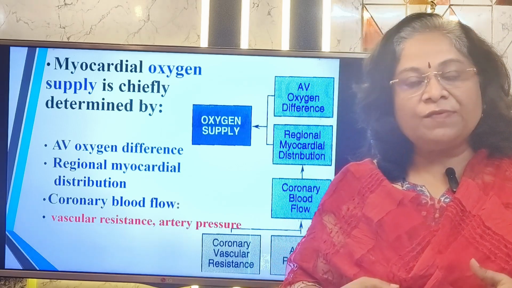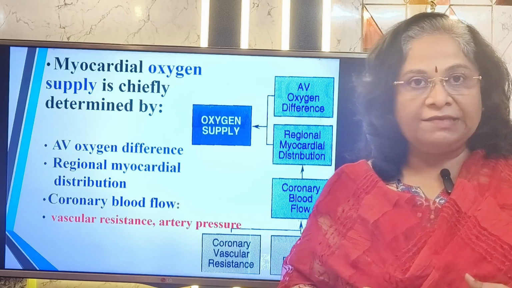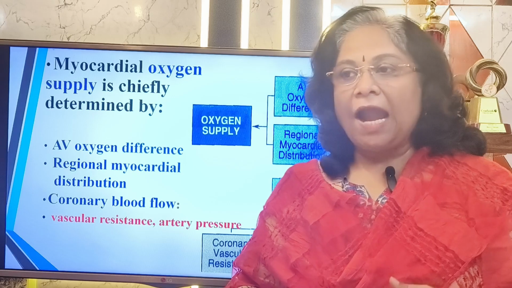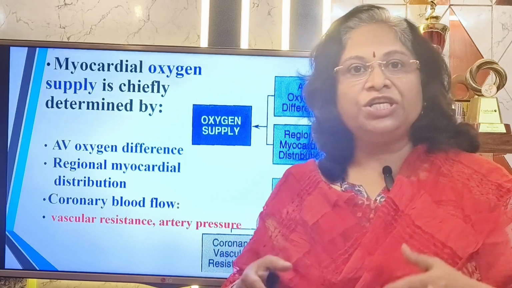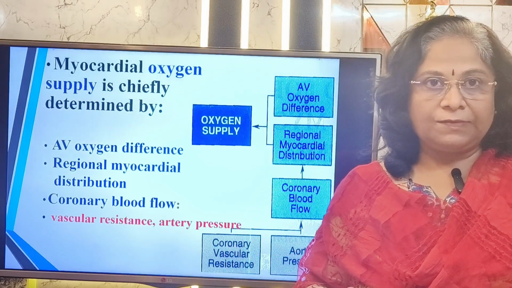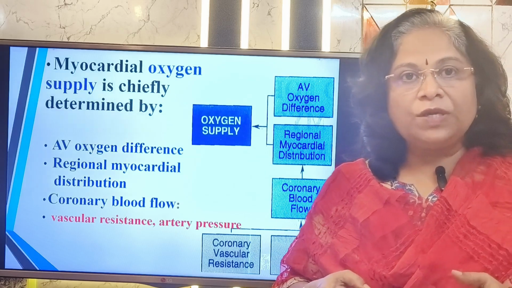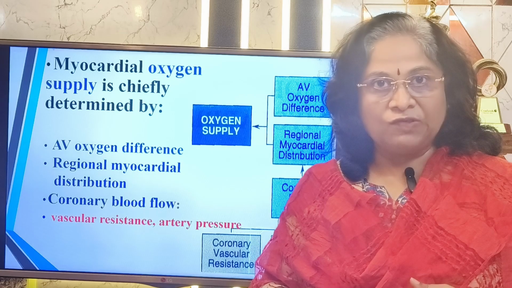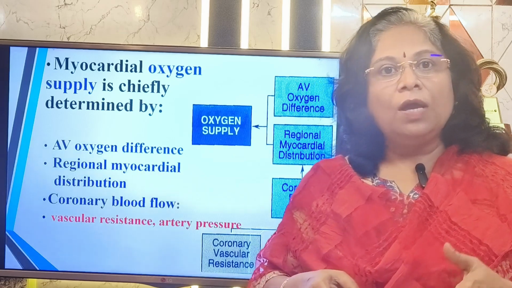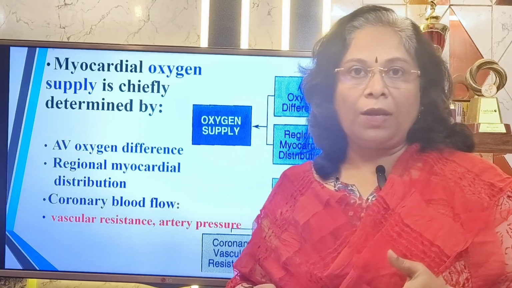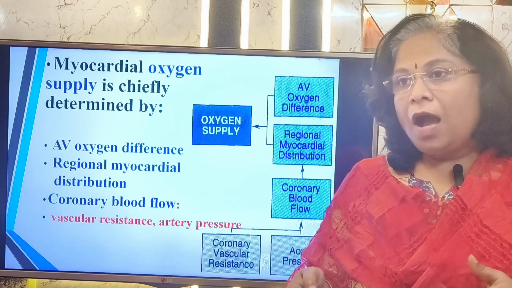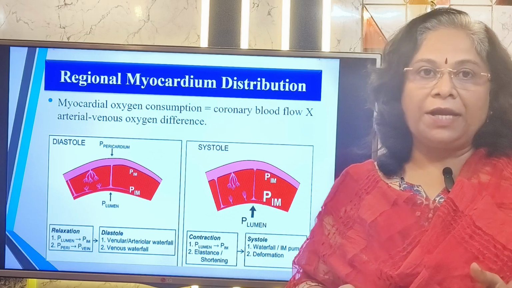In situations where the contractility of the heart increases, obviously the extraction of oxygen by the tissue increases and the arteriovenous oxygen difference also increases. In such a situation, if we reduce the contractility, the demand of oxygen will be reduced and we will be able to fulfill the requirement of oxygen even in a compromised blood supply. Another is the regional myocardial blood supply.